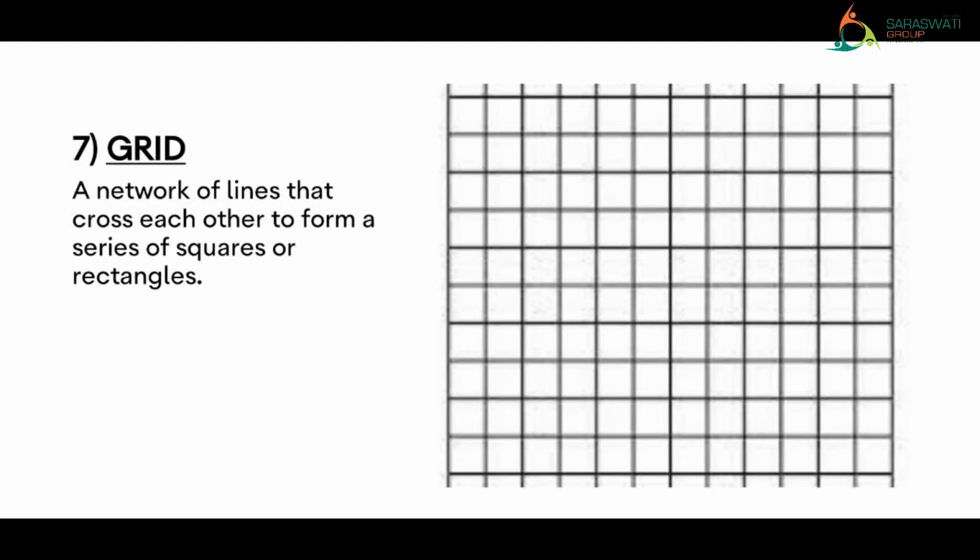Now, when these horizontal lines and vertical lines are placed together, they form a full network of lines. These lines form squares. Sometimes it may also form a rectangle shape. So this type of network of lines is called a grid.